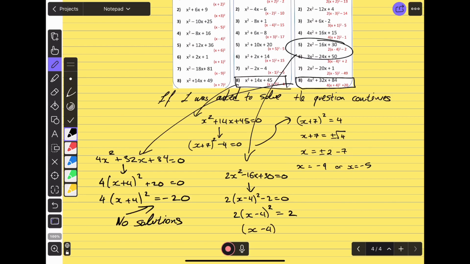So (x minus 4) all squared equals 2 over 2, which is 1. So therefore (x minus 4) squared equals 1. So x minus 4 equals plus minus square root 1, which is 1. So your two solutions are x equals 5 or x equals 3.